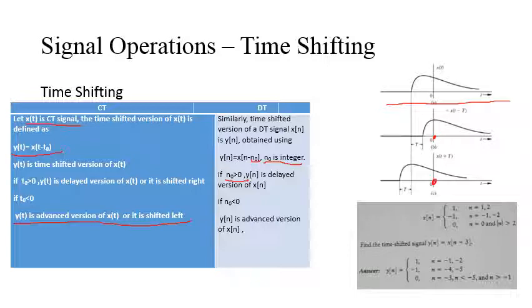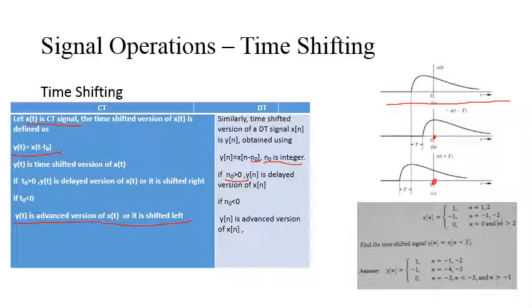So in real life there are some things which can be done in advance, but there are many things that you cannot do in advance. You do it at the proper time, right? So that means if you shift it to the right, you say you're delaying it. And if you're shifting it to the left side, you can also say that you are doing it in advance.